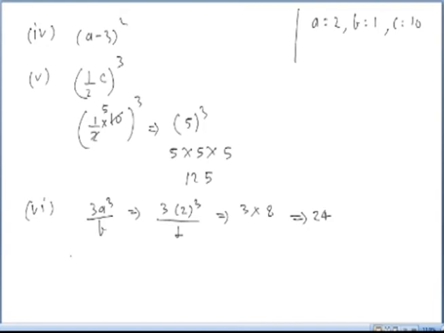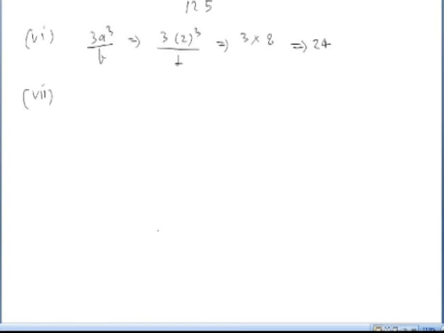Now questions number 7, 8, 9 and 10. Question number 7 is saying 9 bracket a square minus b square.